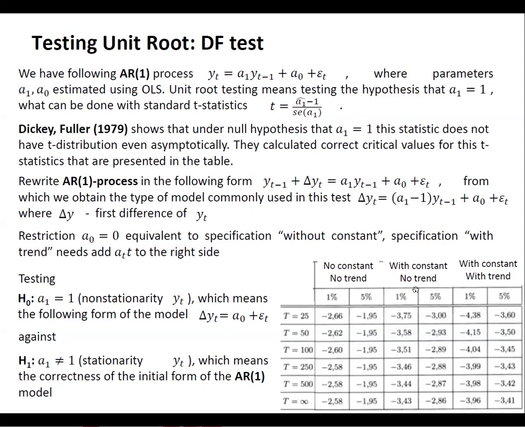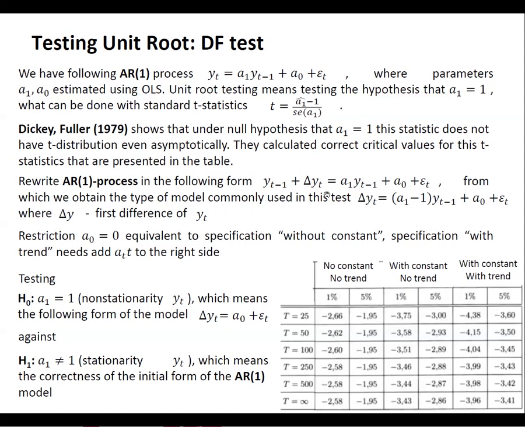Now, using our theoretical knowledge with the unit root, we will rewrite this autoregressive model in a slightly different form. That is, we will replace yt with yt minus 1 plus delta y. And we've got the usual type of model used in this test.